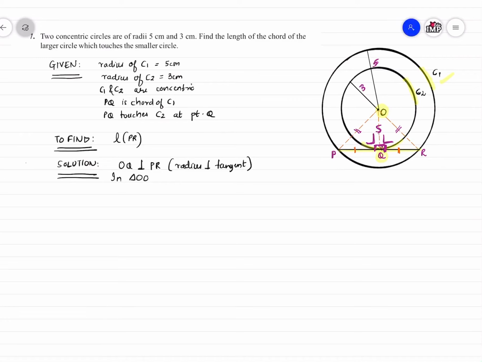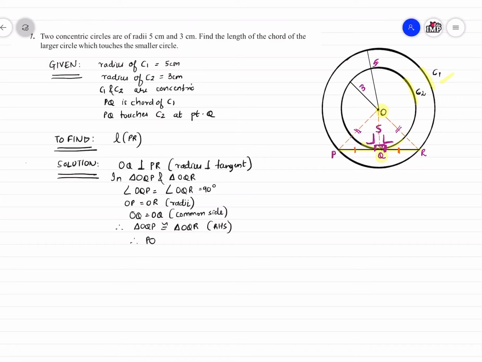So in triangle OQP and triangle OQR, angle OQP is equal to angle OQR equal to 90 degrees. OP is equal to OR, radii. OQ is equal to OQ, common side. Therefore, triangle OQP is congruent to triangle OQR by RHS.